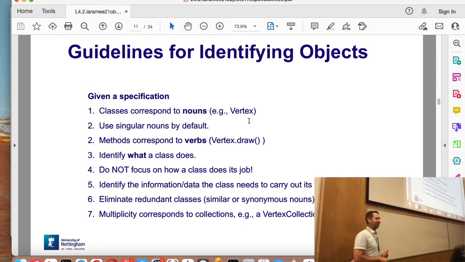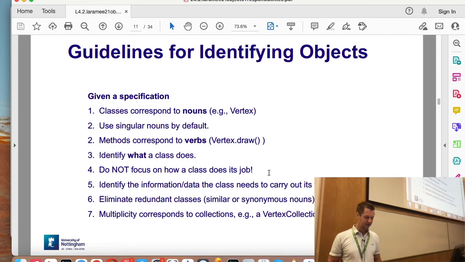Methods correspond to verbs. Has everybody noticed that already? Hopefully. So vertex draw. Draw is a verb. Identify what a class does and do not focus on how a class does its job. That's up to the person who implements that class.